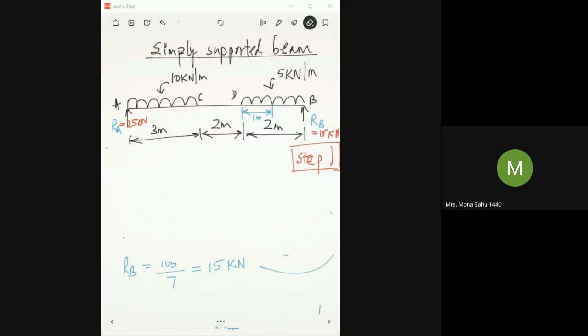So we'll calculate the shear force. Okay, let's go ahead with step 2 now. All right, so let's do the calculations of how to calculate the shear force.